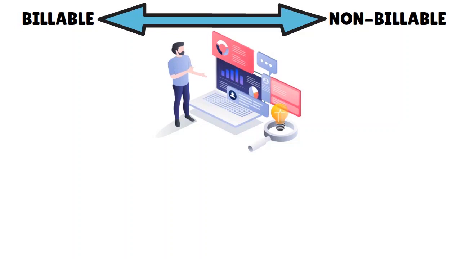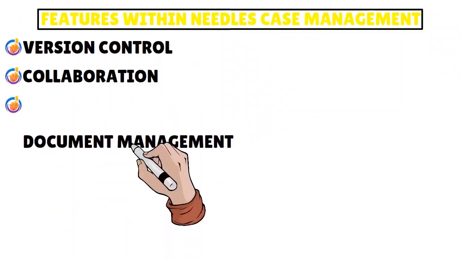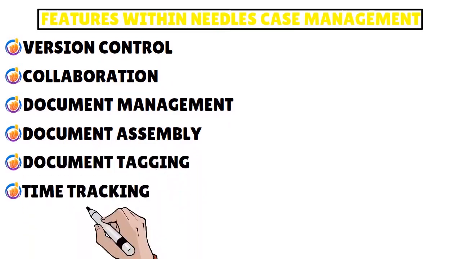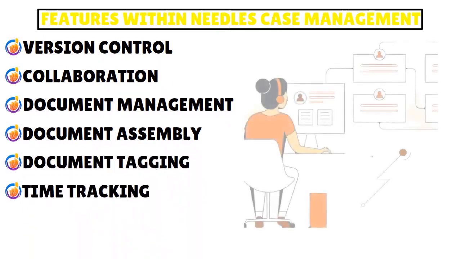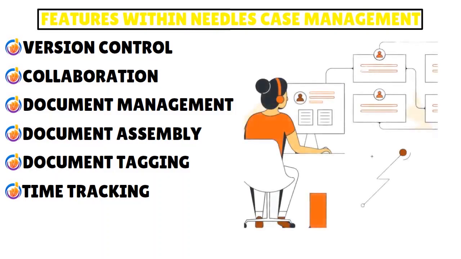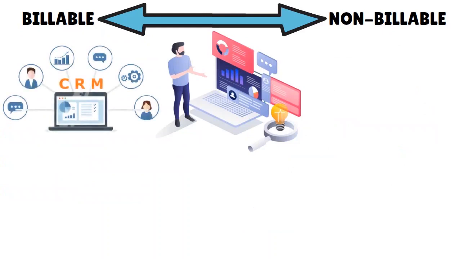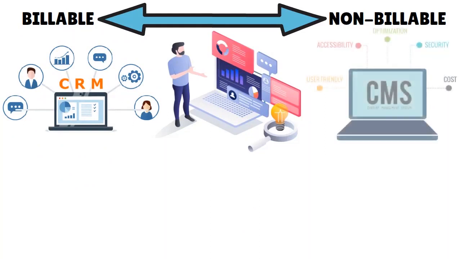What about Needles case management? So the features within Needles are pretty similar. You have version control, collaboration, document management, document assembly, document tagging, and time tracking. The thing about Needles is that even though it has relatively fewer features than Filevine, it's constantly adding new functionalities all the time. On top of that, Needles has a more robust CRM capability, a more robust CMS capability, and a more robust integration capability.